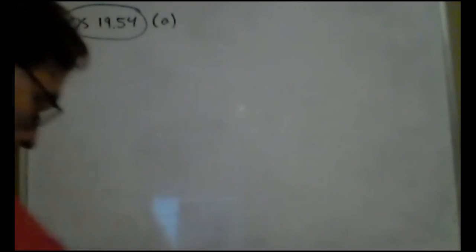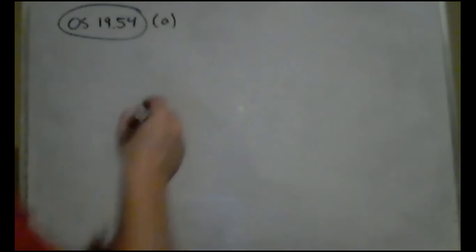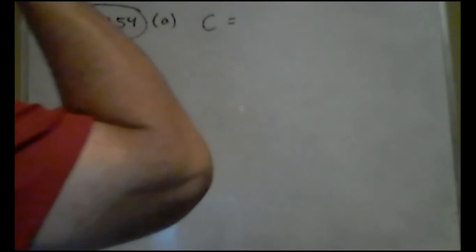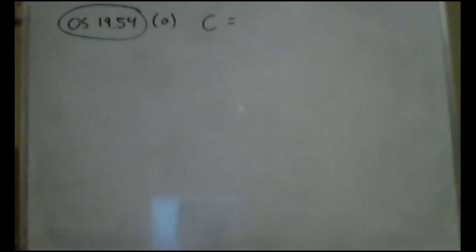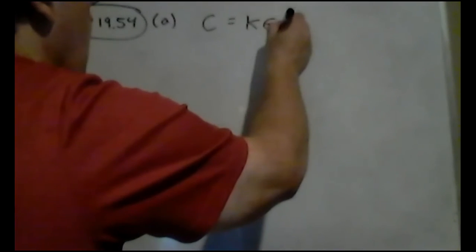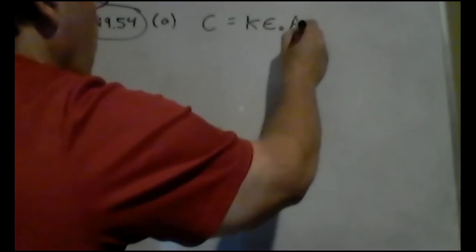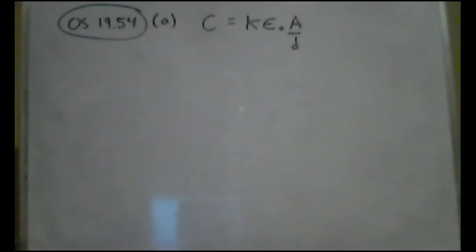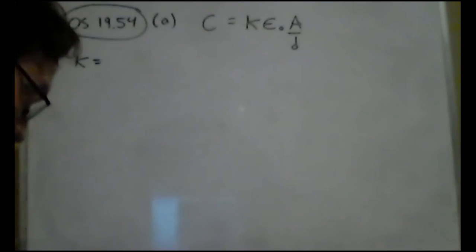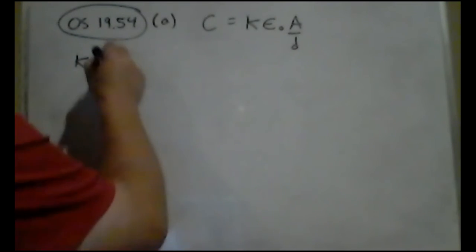All right, so what do I know? Well, the formula for the parallel plate capacitor with a dielectric is C equals kappa epsilon naught A over D. For neoprene rubber, I looked that up in a table and find that kappa is 6.7.